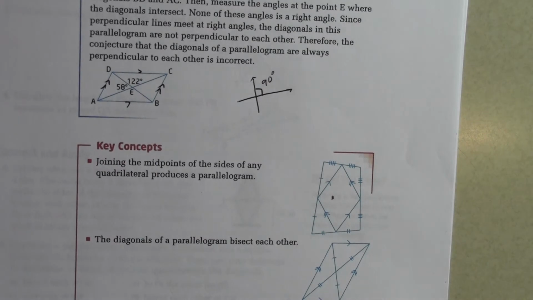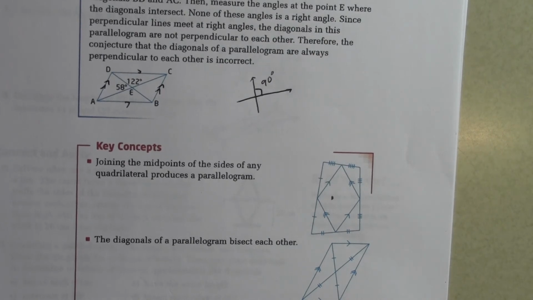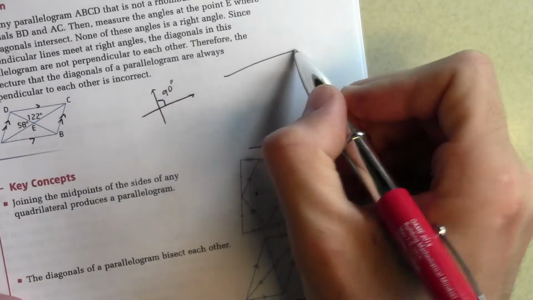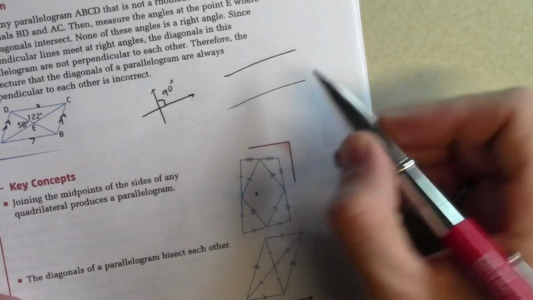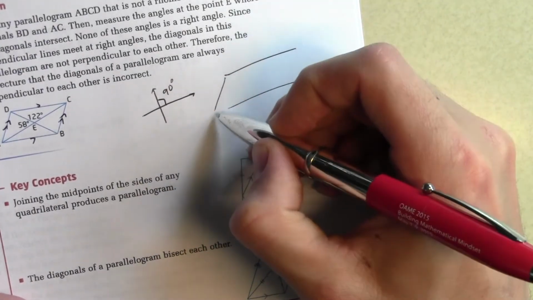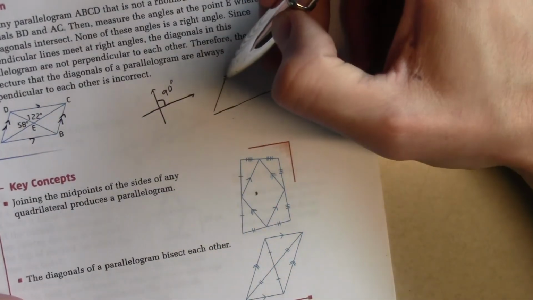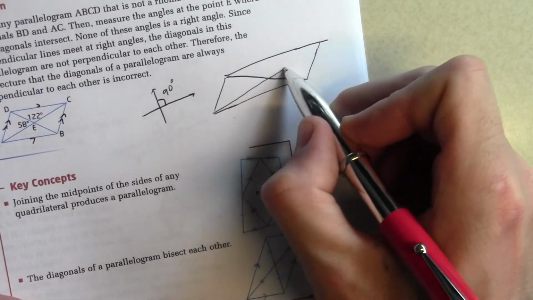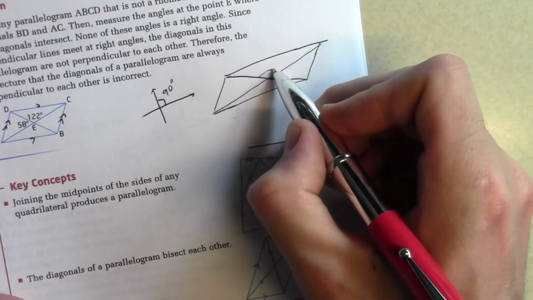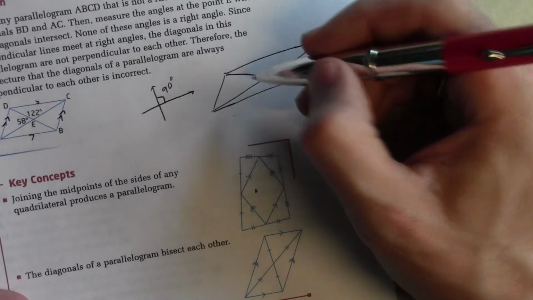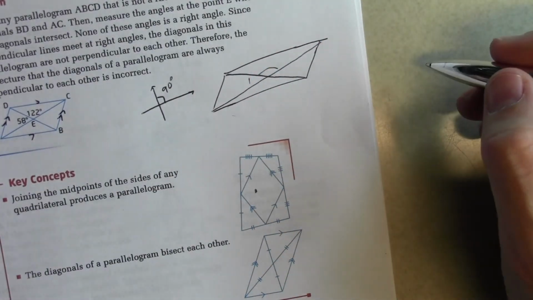So two diagonals of a parallelogram don't always necessarily meet at a 90-degree angle. It all depends on the side length of the parallelogram. If we have one side length that's really long, that's going to increase the angle at which they meet. You guys see that? That angle is nowhere near 90 degrees. Neither is that.